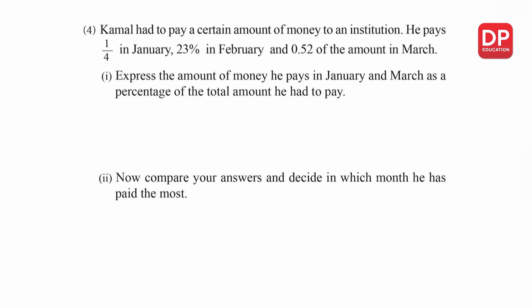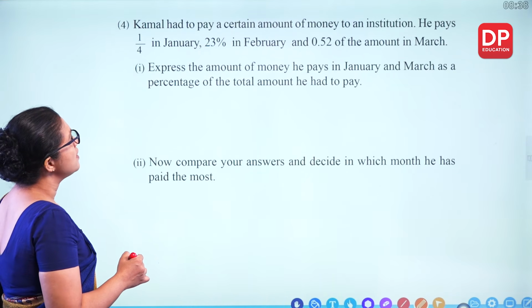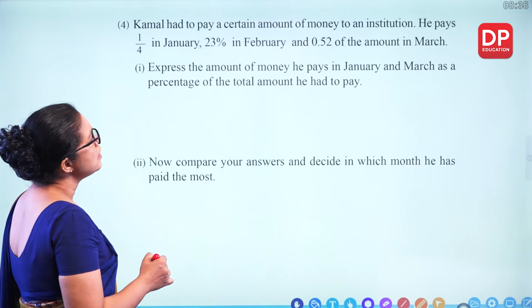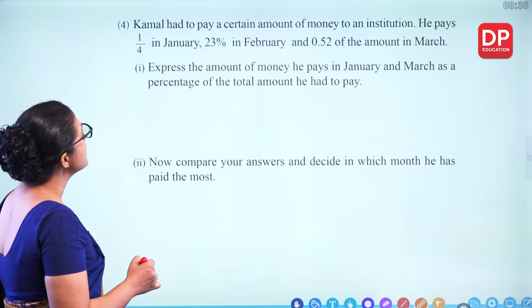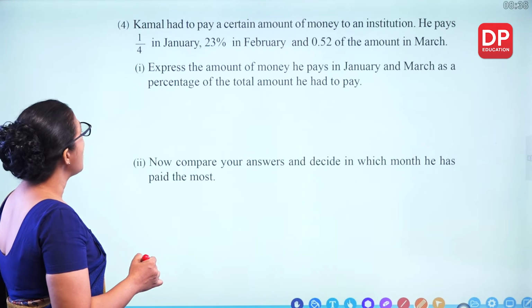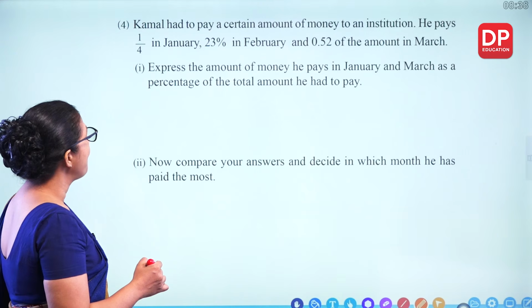Next one. Kamal had to pay a certain amount of money to an institution. He pays 1/4 in January, 23% in February, and 0.52 of the amount in March. Express the amount of money he pays in January and March as a percentage of the total amount he had to pay.